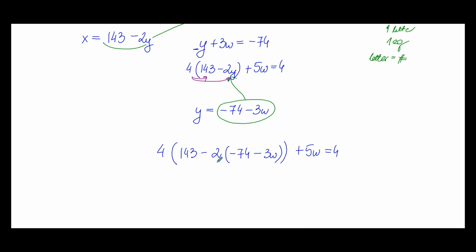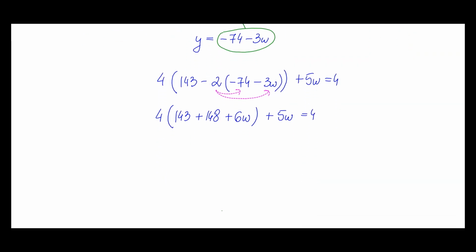So what do we do first? Well, let's start multiplying out that bracket. So first, the multiplication inside the bracket. We copy 4 bracket 143, and minus 2 multiplied by minus 74. We put that in the calculator, not that I know how much that is. I use the calculator. Plus 148. Minus 2 by minus 3 will give me plus 6. And let's not forget about the w, and we copy the rest, 5w equals 4.